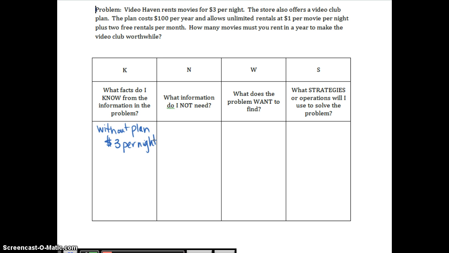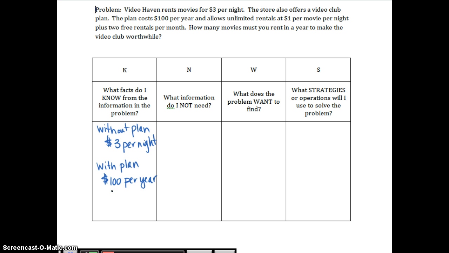Now, the store offers a video club plan, and this costs $100 per year, unlimited rentals, $1 per movie per night, plus 2 free rentals per month. So we want to write all that information down. So with the plan, we know the cost is $100 per year. We have unlimited rentals.